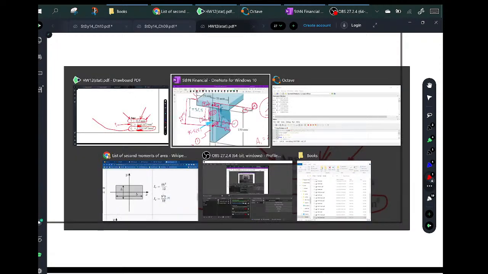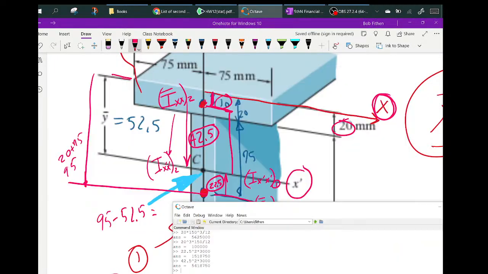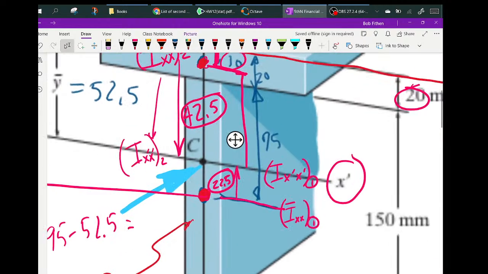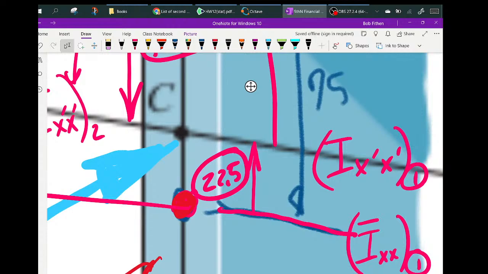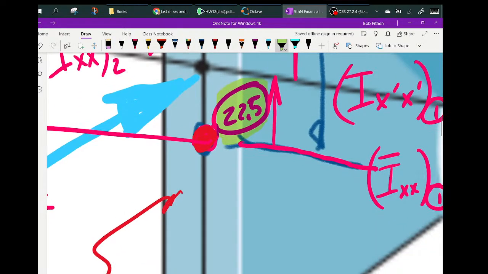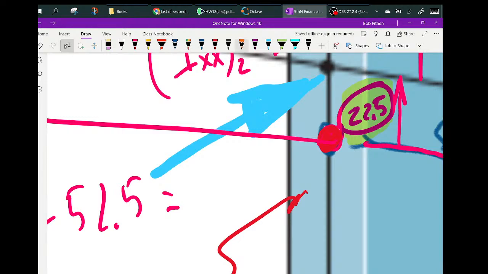Oops, wrong thing. Let's go back and let's go here. So 95 minus 52.5, 42.5. So this one is further down, and this is probably my error, and it is 42.5.